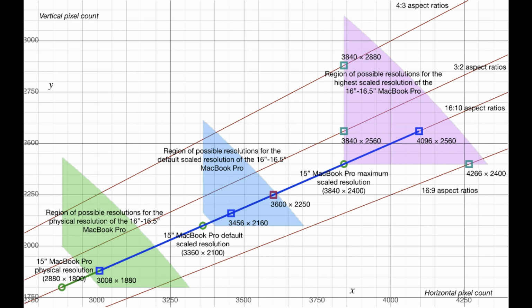Again, emphasizing the custom nature of this. This is Apple, remember, so there's always that element of surprise, and that's actually why we have a region here. We have a shaded set of possible resolution dimension pairs, not some kind of one figure.